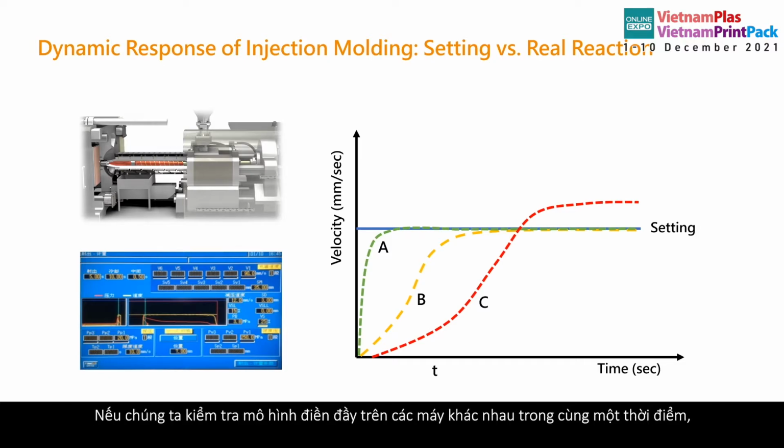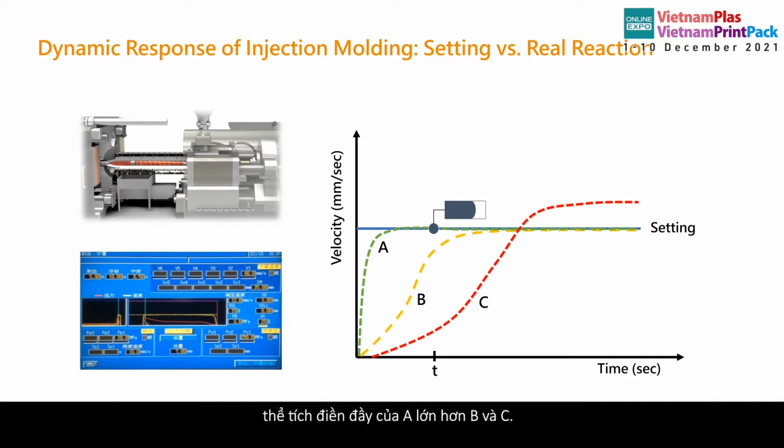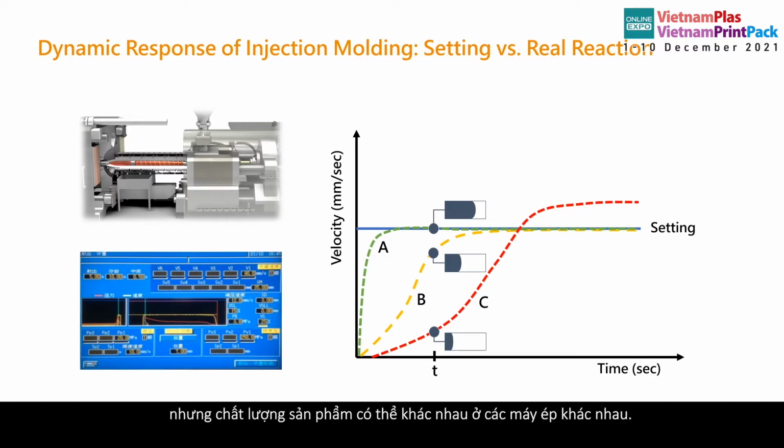If we check the filling pattern over different machines at the same timing, the filled volume of A is larger than B and C. So even if each machine has the same mold design, part design, plastic material, and same process conditions, the final part quality might be quite different on different machines.